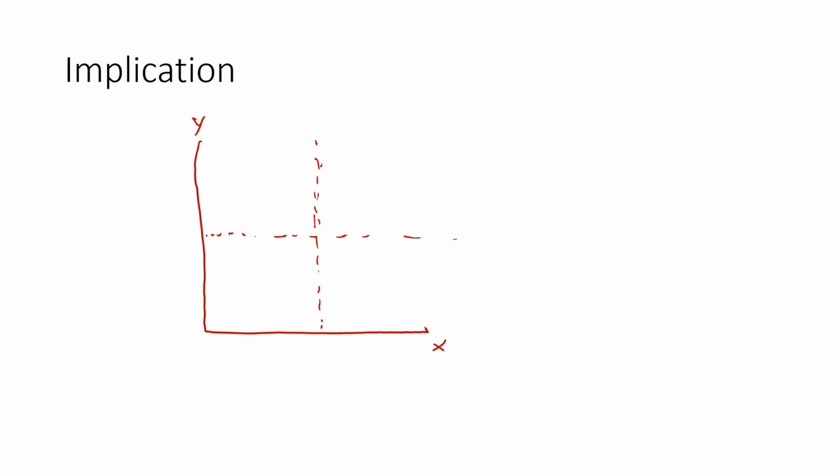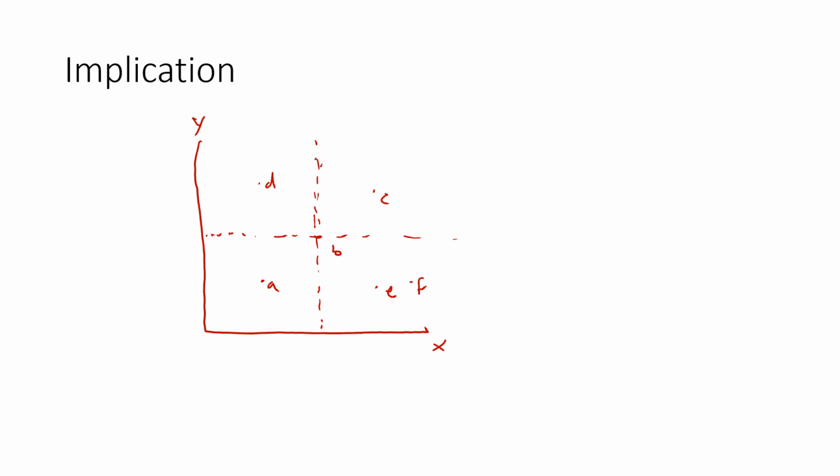We have 5 or 6 bundles. Let's say this is bundle A, bundle B, bundle C, call this bundle D, this is bundle E, and this is bundle F. So we have basically 6 bundles.